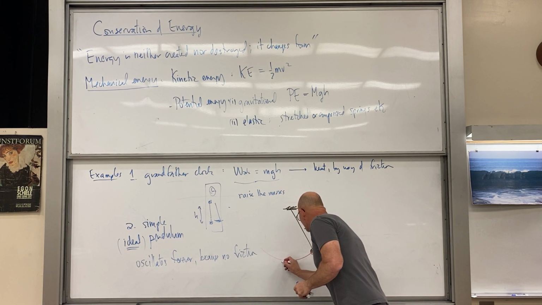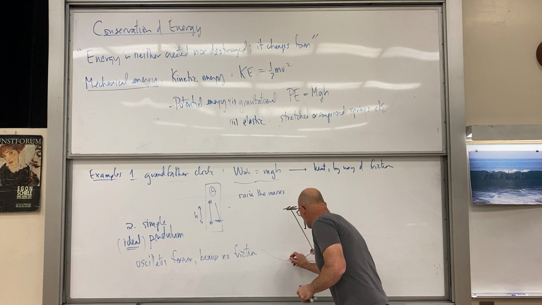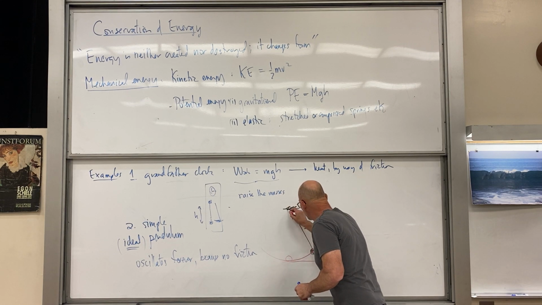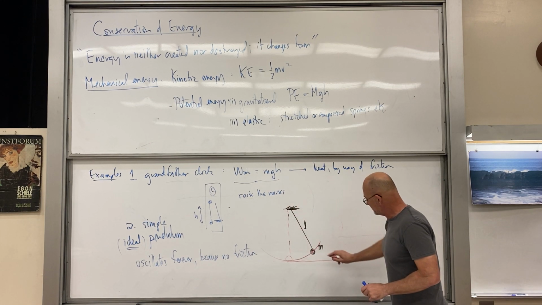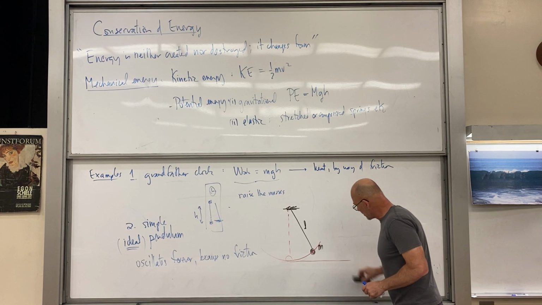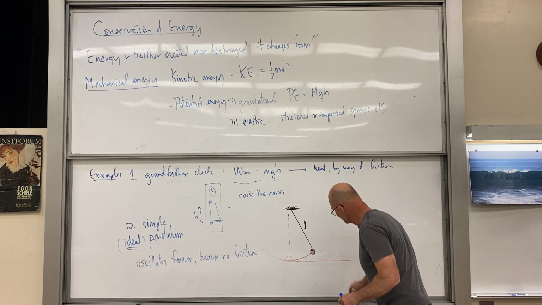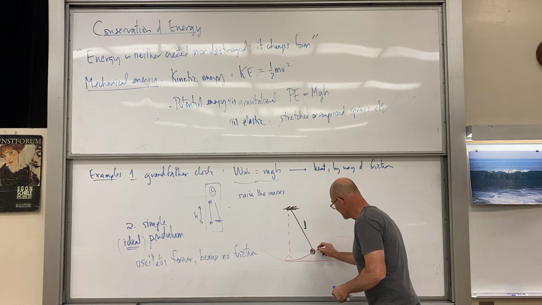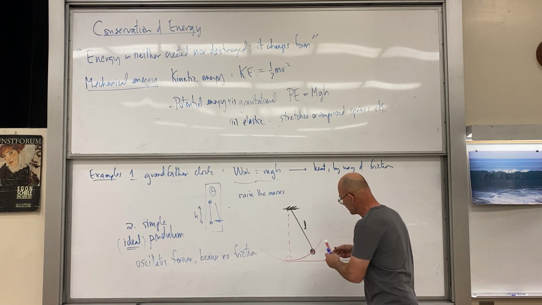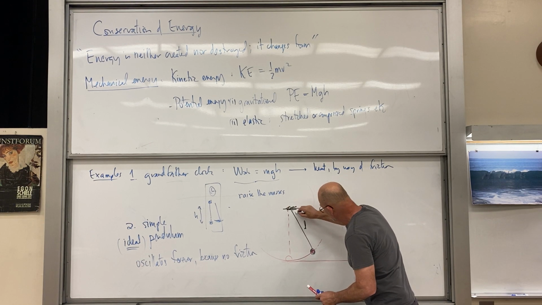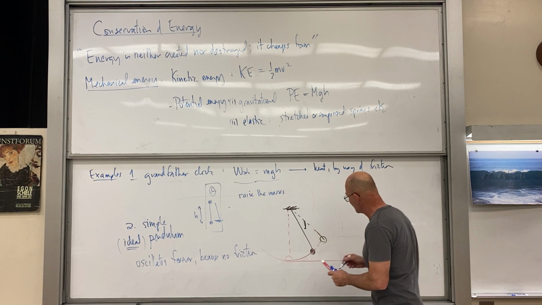See, we have a lower level, lowest point, and we have this point here, and I'll even draw a slightly higher point as well. So we have a third point right here. Okay.